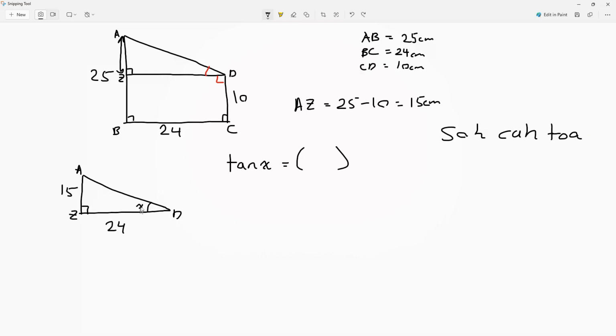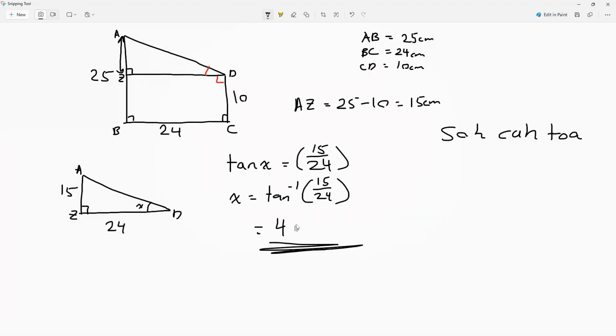So opposite of X is 15 over 24, and then in order to find X, it'll be the inverse tangent of 15 over 24, which is, let me just get on my calculator, 46.169, and it keeps going, in degrees, right?